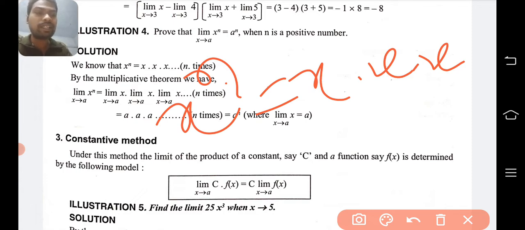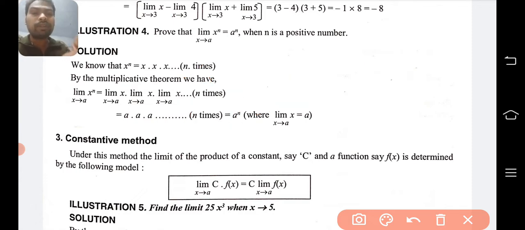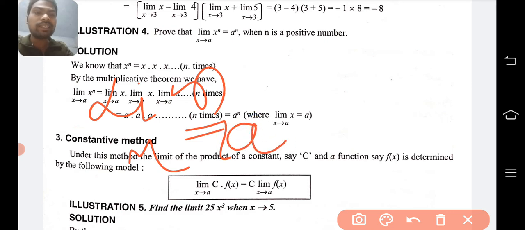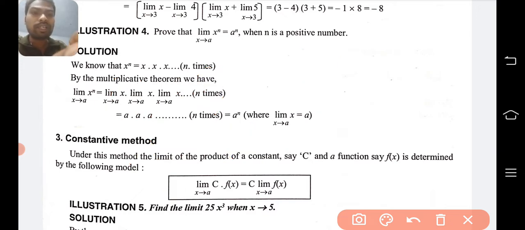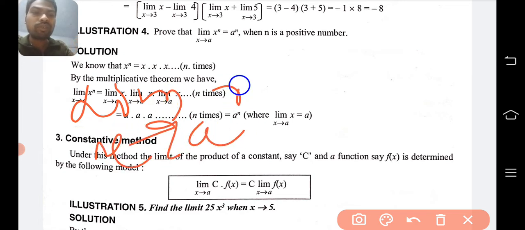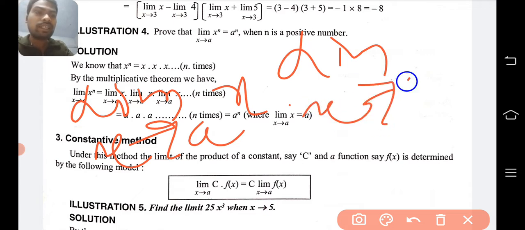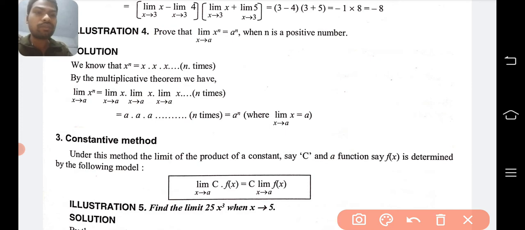So according to the multiplicative theorem, for each term we will take the limit separately. Then we can say the limit x tends to a of x into the limit x tends to a of x, for n number of times we are going to multiply.